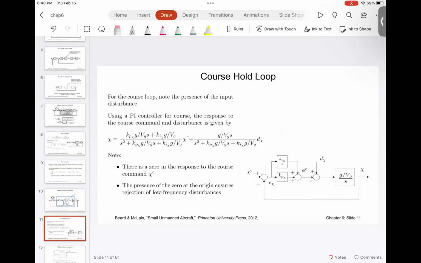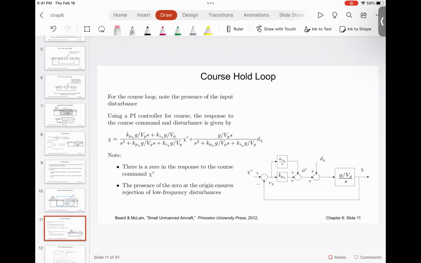So for the outer loop, which is the course hold loop, if you combine the transfer function for the course hold loop, so if you want to maintain the same course, again, I want you to pay attention. The transfer functions that you see are some form of spring mass damper system.